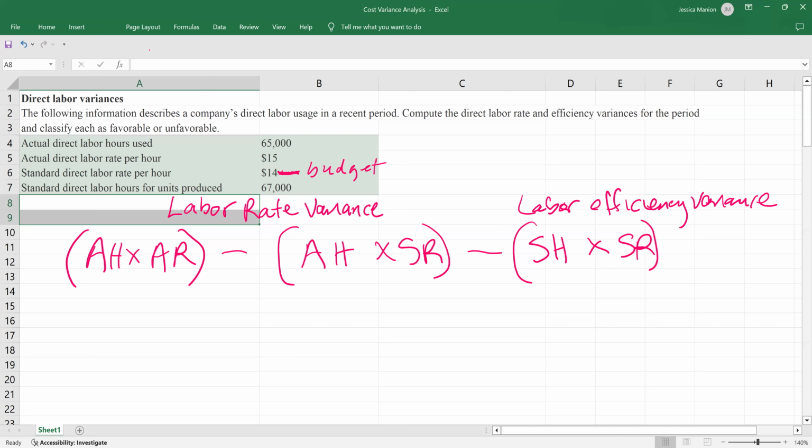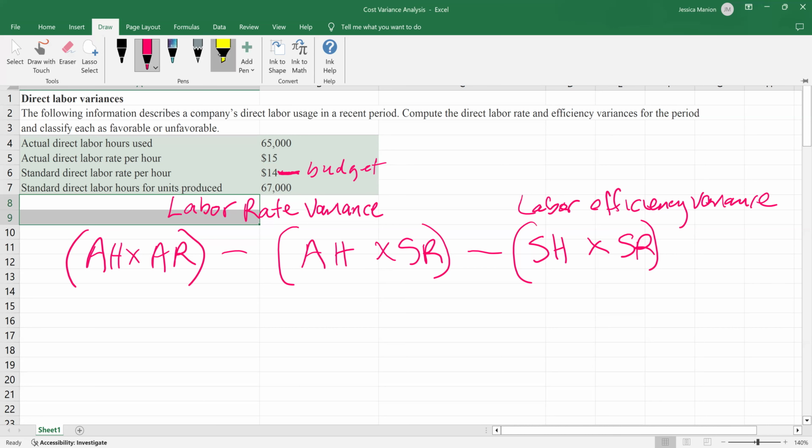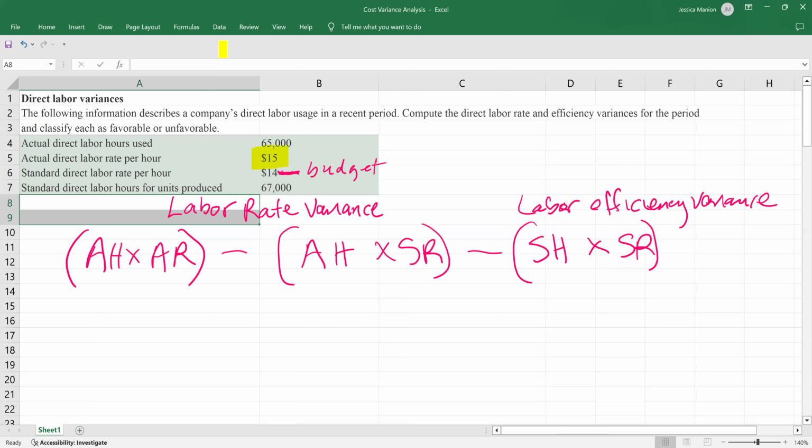However, the actual was 15. So budget was 14, actual was 15. Hopefully we're thinking in our brains this is going to be an unfavorable variance. This is going to be negative. Unfavorable variance. Just to remind our brains about that.